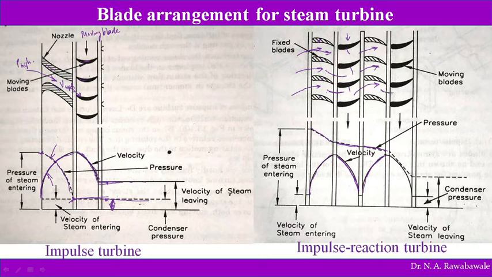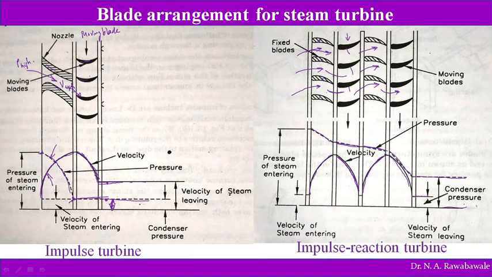Again this steam at high velocity enters the set of moving blades and makes them rotate. Again the velocity gradually decreases, whereas the pressure of steam also gradually decreases. Then the steam comes out at the condenser pressure, enters the condenser, and comes out at the lowest velocity.